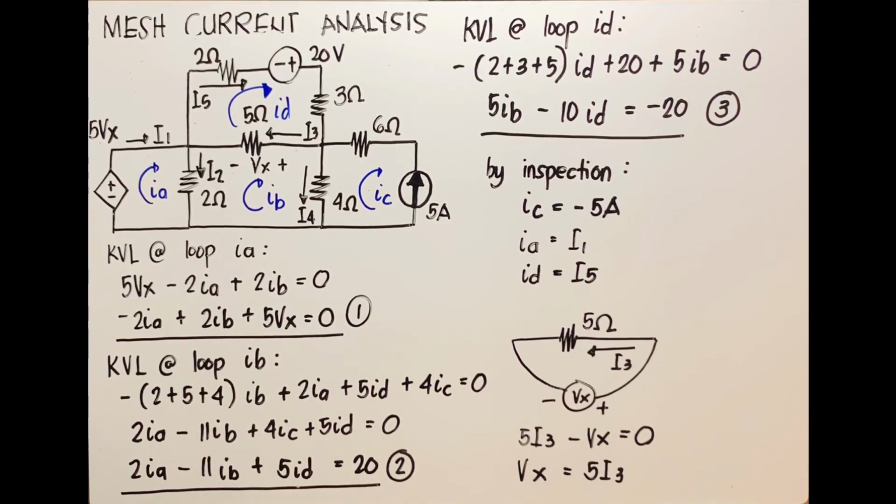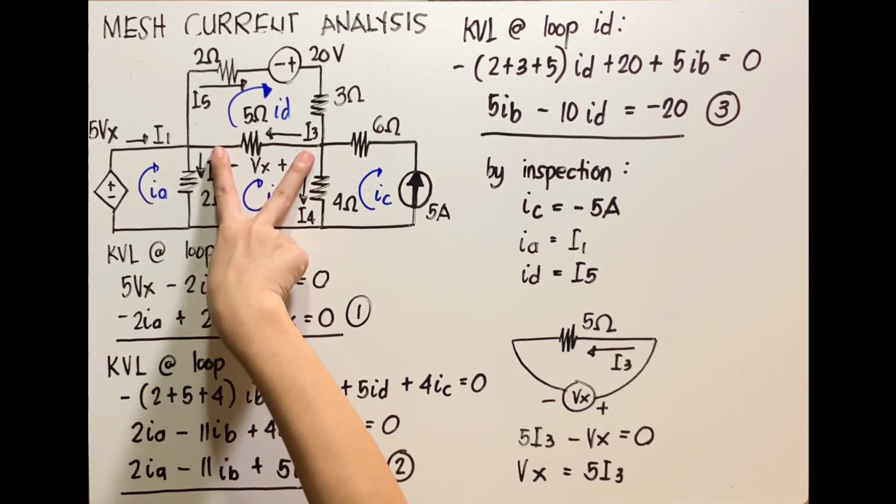Mag-KVL ka doon. And yung relationship na lalabas, yun ang bago nating isa-substitute dito. So, mayari dito, si Vx, papalitan ko ng bagong variable which is I3. Nasaan ba si I3? Ito si I3. So, ibig sabihin, kailangan kong mag-KCL para makuha yung value ng current I3.